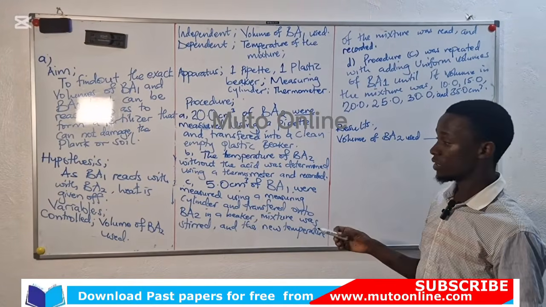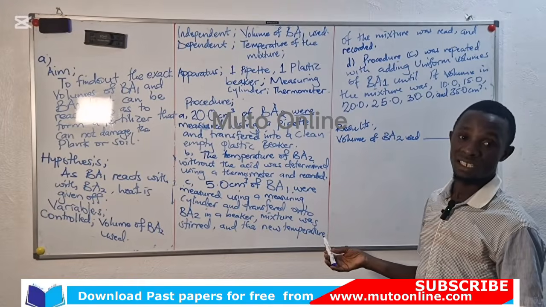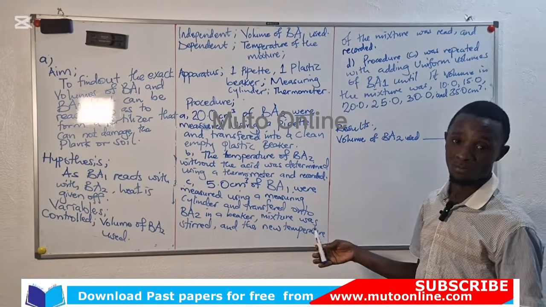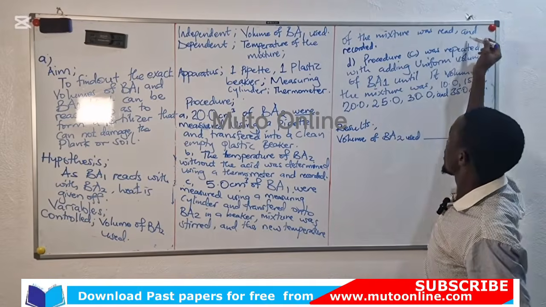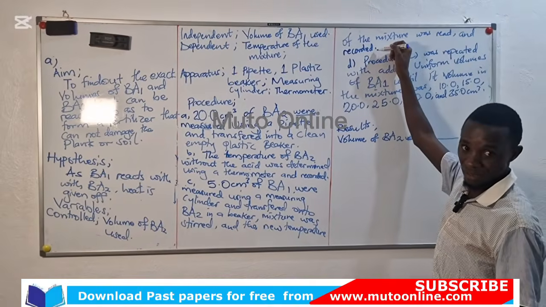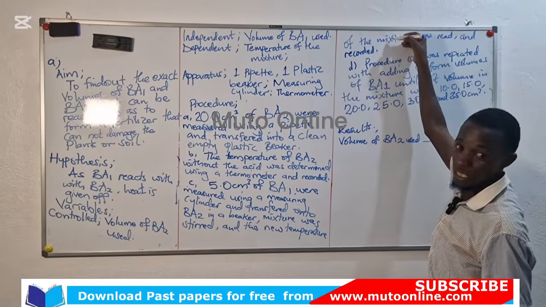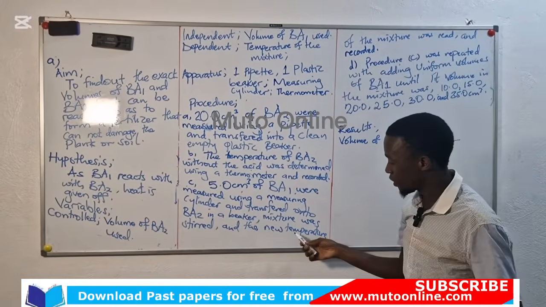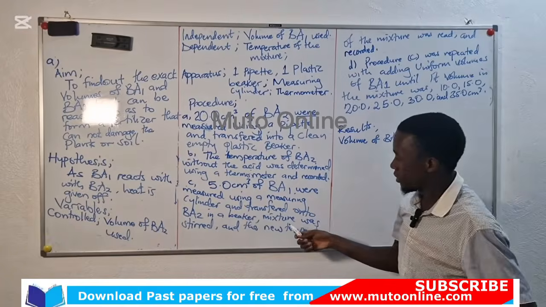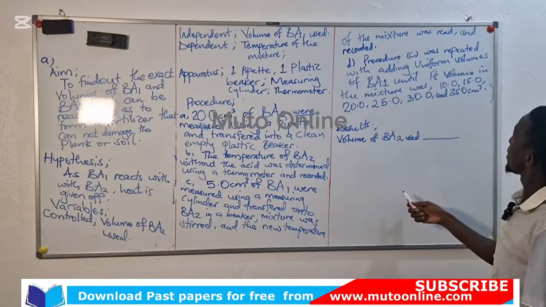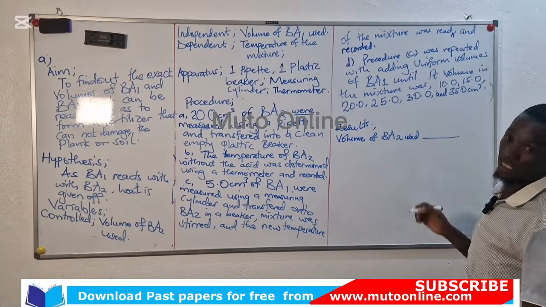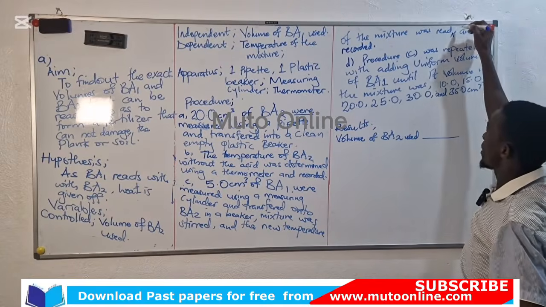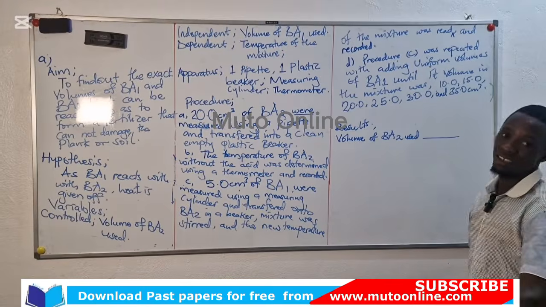Let's say a standard time of 1 minute for every interval. So stir the mixture and then we read and record the new temperature. So we shall be reading it from the thermometer. That's why I'm mentioning was read. Members, the apparatus must be stated: was read from the thermometer and recorded.